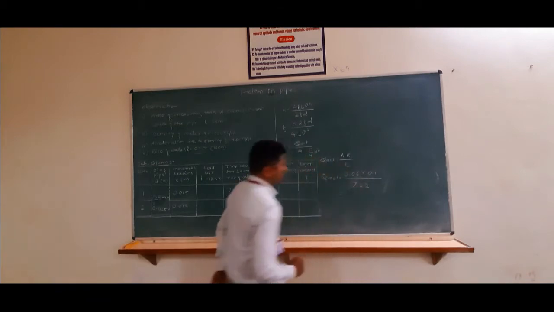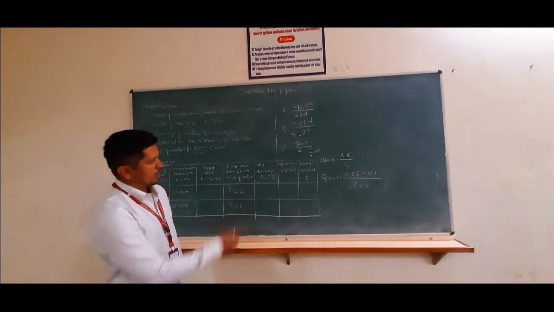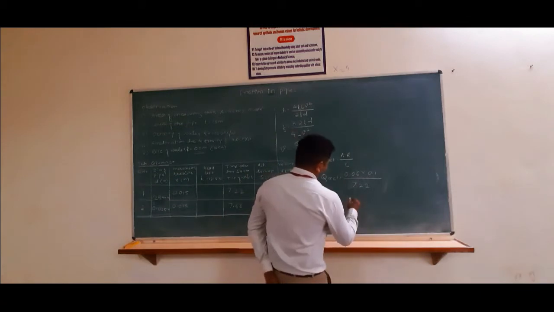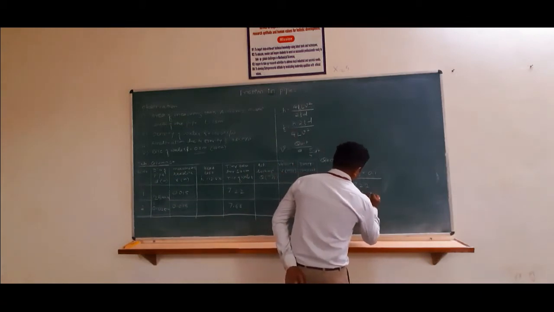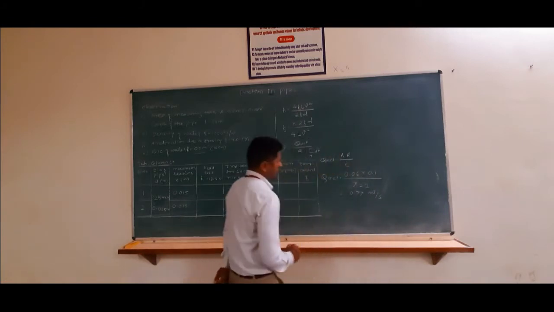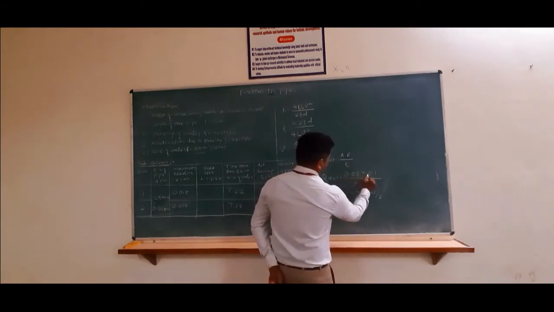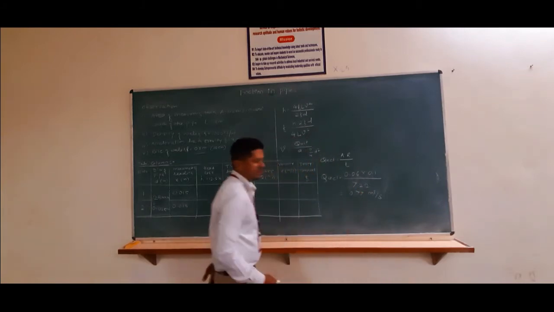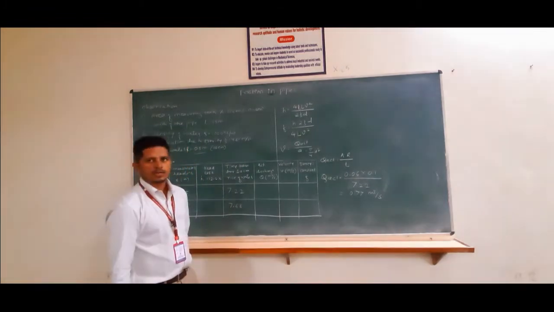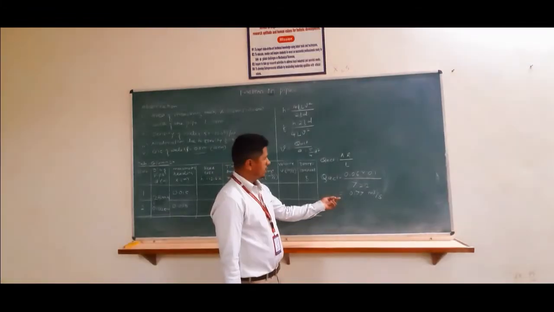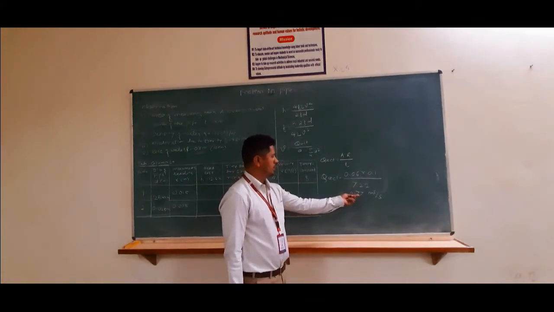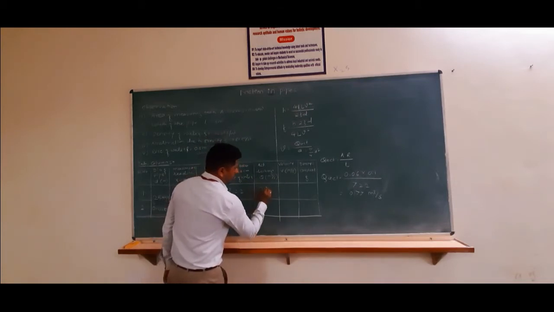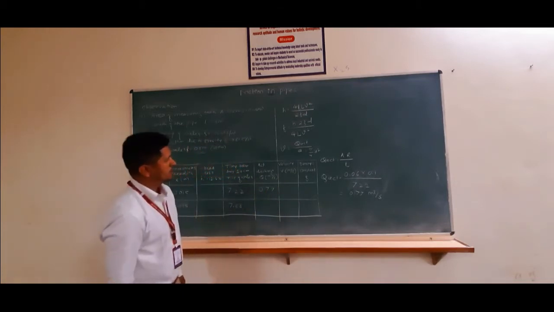When you do the calculation, we are going to get the answer 0.77 meter cube per second. So 0.06 into 0.1 divided by time taken 7.22, we get the discharge 0.77 meter cube per second. Let us take the value in a tabular column, that is 0.77 meter cube per second.